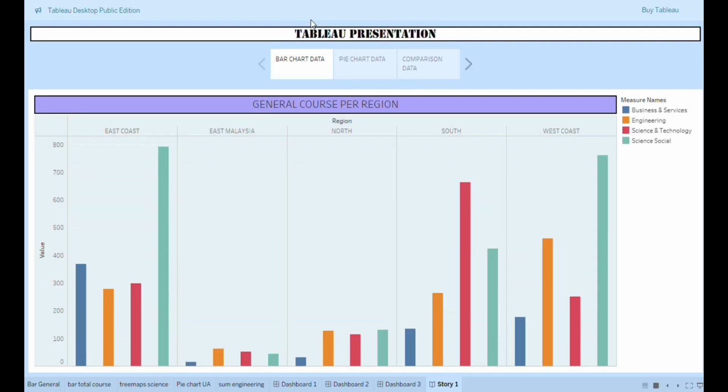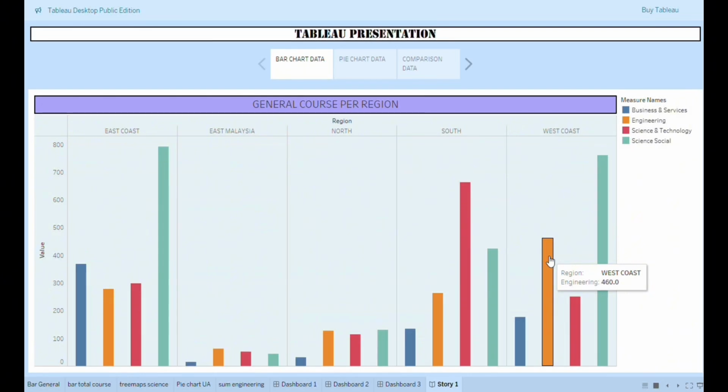Thank you. Hi, I'm Sharifah Aisyah Turida Said Muhammad Nur. Here we add a Tableau presentation with 3 parts: bar chart data, pie chart data and comparison data. Let's move to the first section, bar chart data. The data is about the general course per region. Based on the data, we can see that business and services is highest at the East Coast with 368.